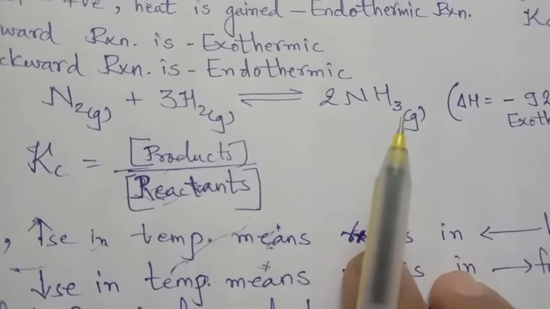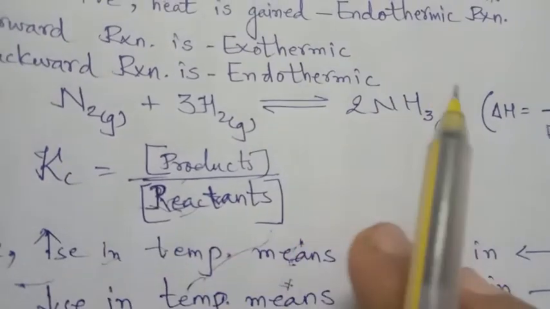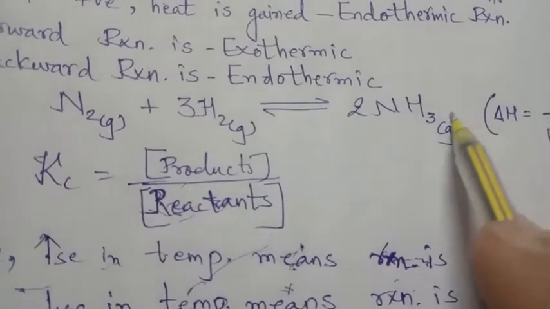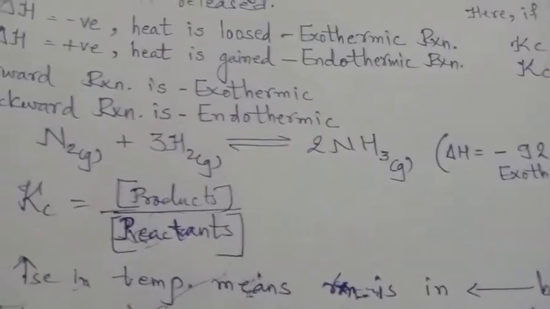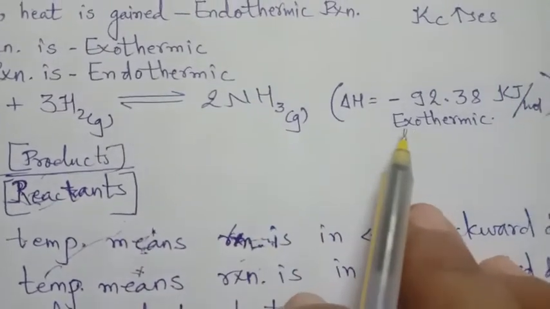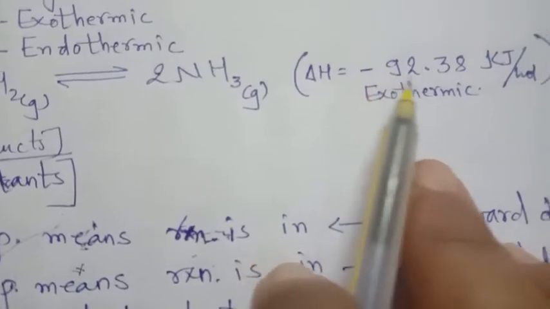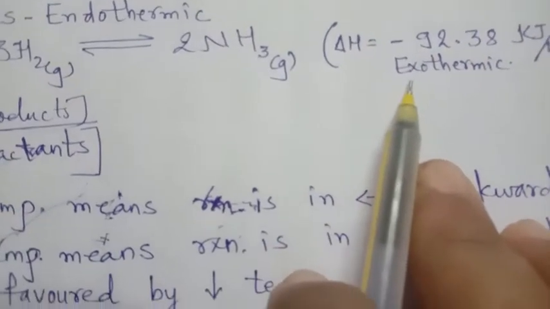Haber's process, right? Preparation of ammonia. So when reaction is from reactant to product, it is exothermic. But if it is from product to reactant, then it is endothermic. So here N2 plus 3H2 gives 2NH3, where delta H is negative, minus 92.38 kilojoule per mole. So it is exothermic.